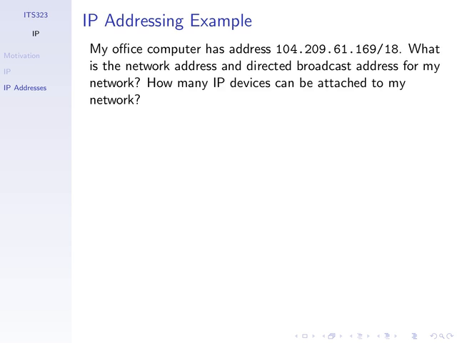How many IP devices can be attached to my network? 14 bits in the host portion gives us 2 to the 14 possible values, minus these 2. We cannot use these for IP addresses for devices.